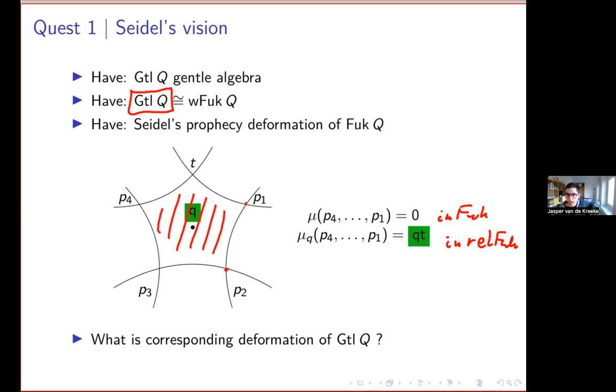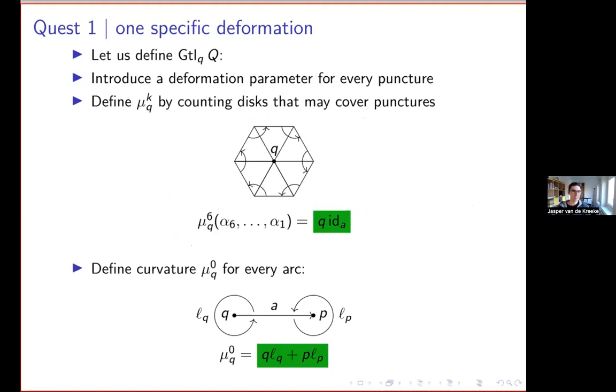So once you have a disk that covers, you do not only count disks that don't cover punctures, you also start counting disks that cover punctures, and for every disk you weight it by the power of Q given by Q to the intersection index of the disk with the set of punctures. Okay, so if this is the deformation of the Fukaya category that we should study, so what is the deformation of GTLQ? I will define this one.